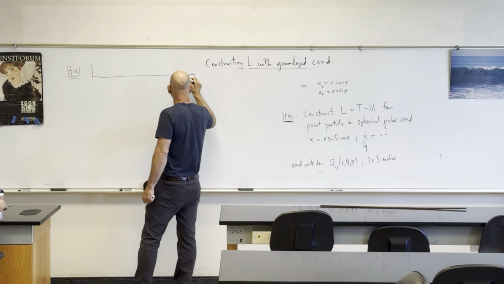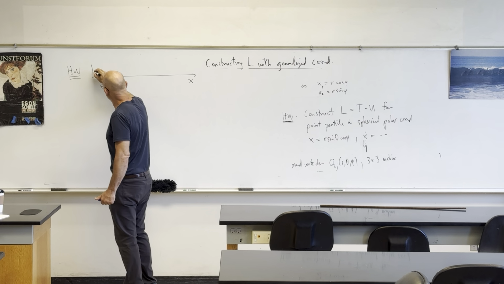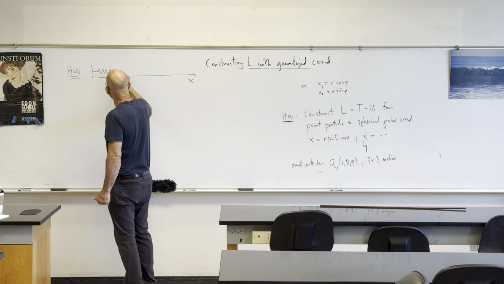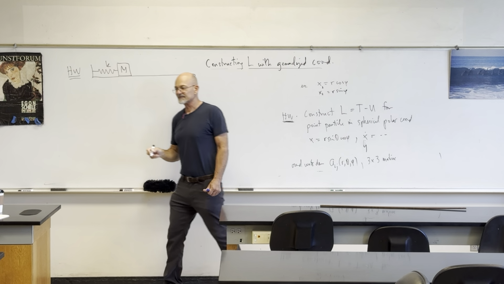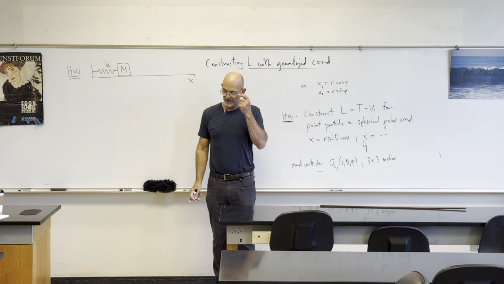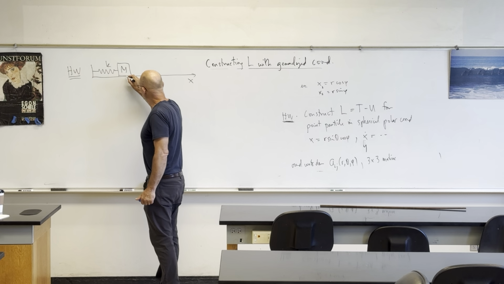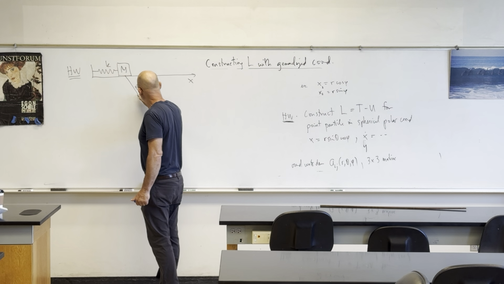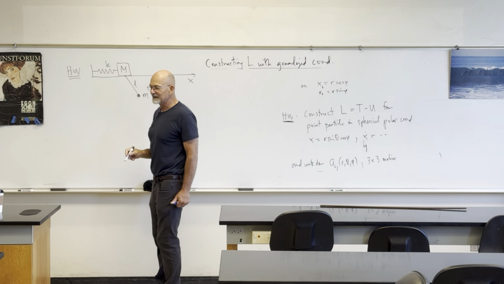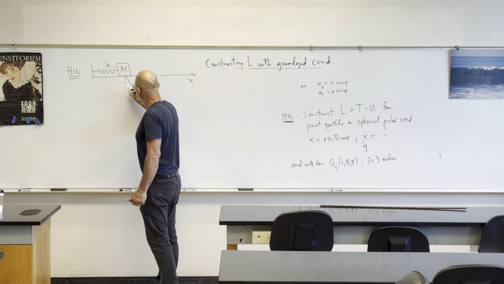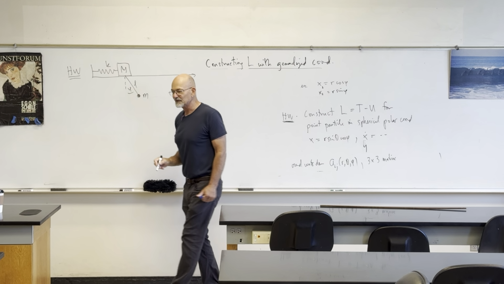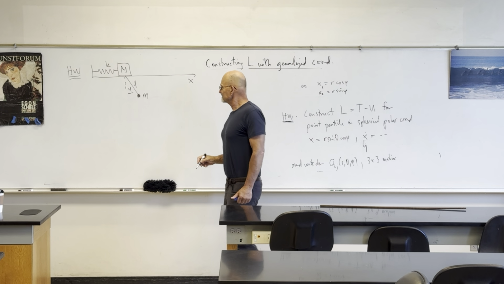The idea is this: we've got an x-axis, we've got a mass on a spring, capital M, K. And now we're going to attach that legendary pendulum to it and find its Lagrangian, construct this Lagrangian.